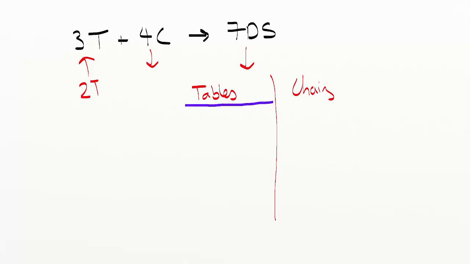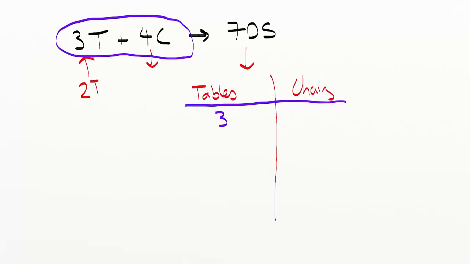What this equation is saying is that 3 tables will react with 4 chairs. So if I have 3 tables, it will react with 4 chairs. My question here is, 2 tables, how many chairs would this react with? This is a question mark, sorry. How many chairs would this react with?